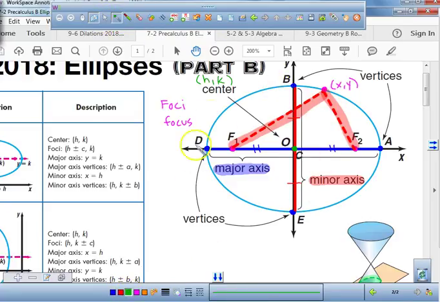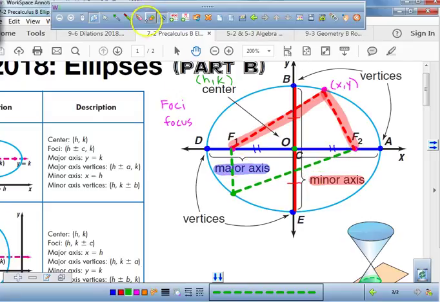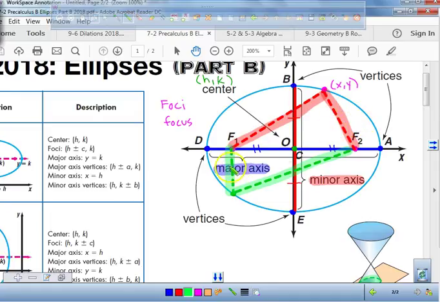If I choose a random point, let's say right about here, that will be the exact same distance from this focus to this focus. So red plus red will equal green plus green. Can you see how this distance does not match this distance? But the sum of the 2 distances in green will equal the sum of those 2 distances in red.